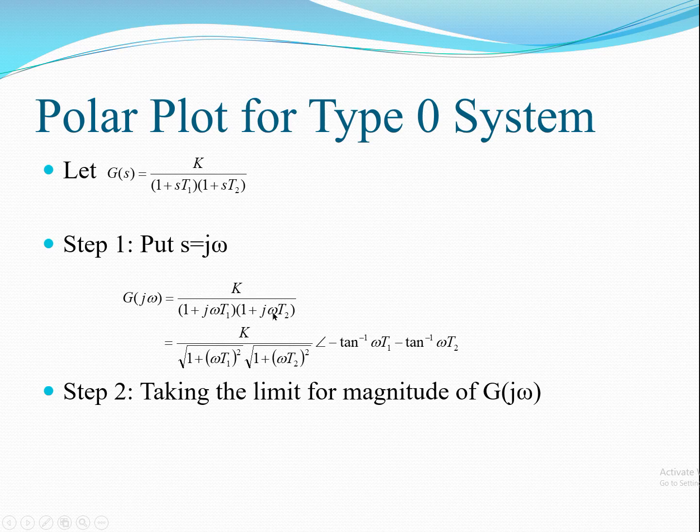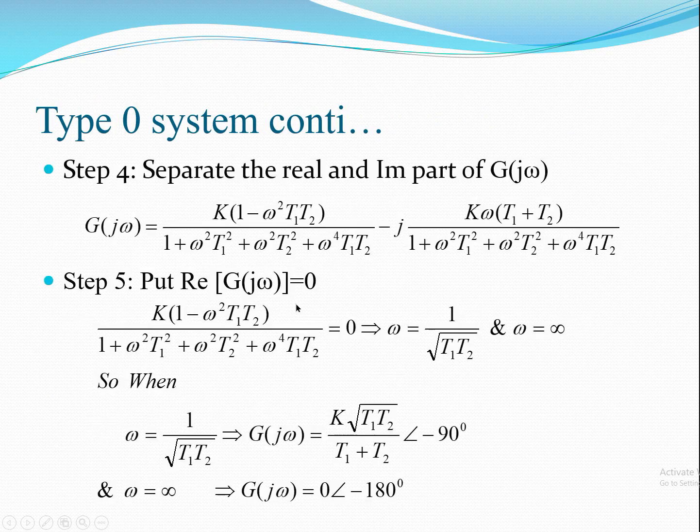So I will multiply by 1 minus j omega T1 and 1 minus j omega T2, multiply and divide. If you do the further calculation, it will be squared here. So we will be getting this answer.